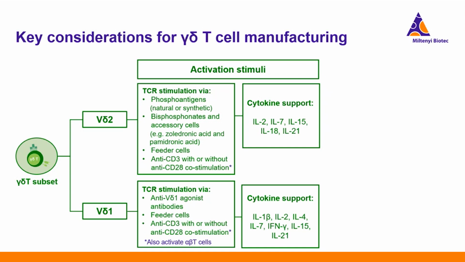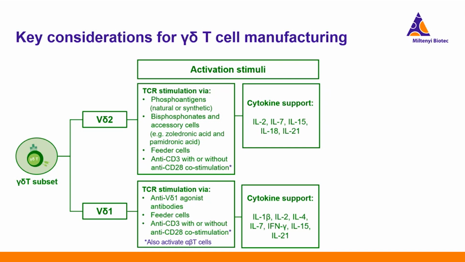So on one hand, the V delta 2 gamma delta T cells become stimulated by the use of phosphoantigens, either natural or synthetic. They can also be stimulated using bisphosphonate drugs, such as zoledronic acid or pamidronic acid, together with accessory cells. And of course, feeder cells could lead to the activation of V delta 2.